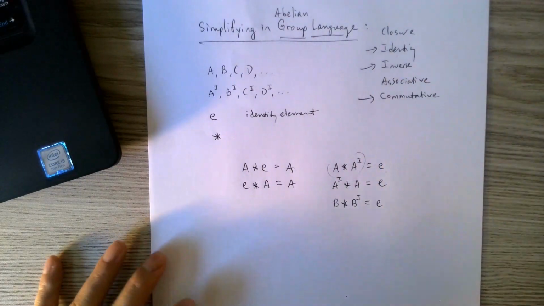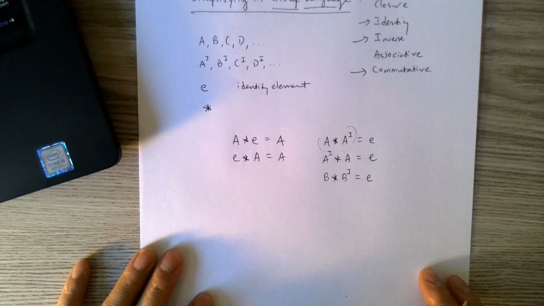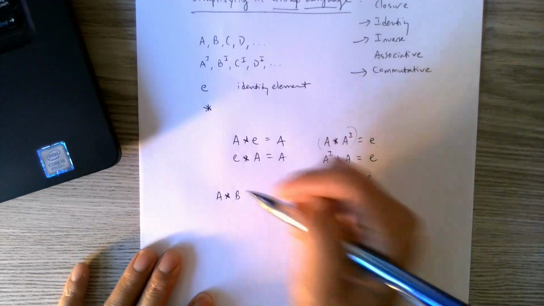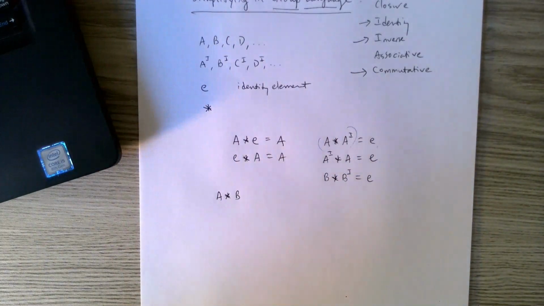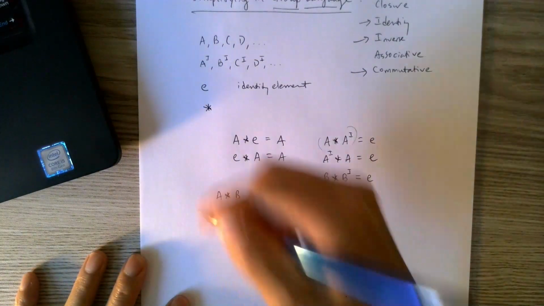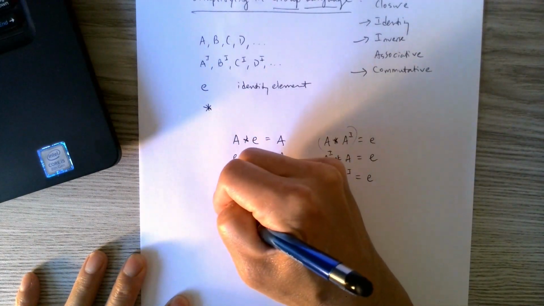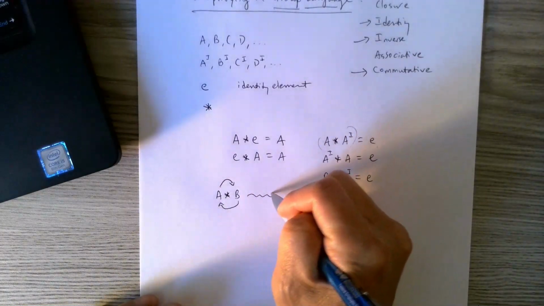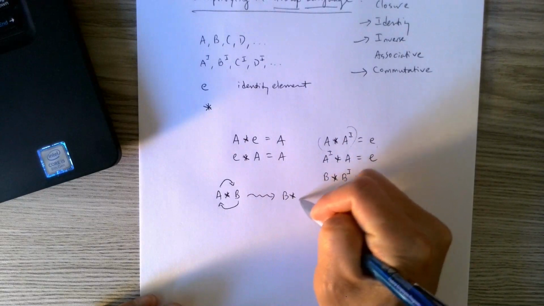I'll move on to commutative. So anytime you see A star B, any two elements interacting together, you may change the order without changing the value of the expression. So it's legal to change this into B star A if you want.